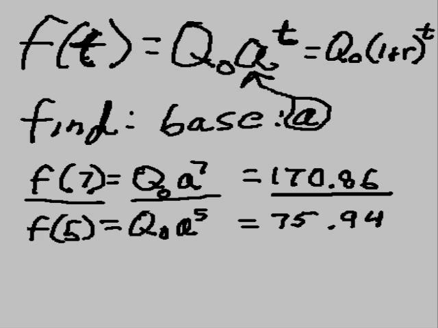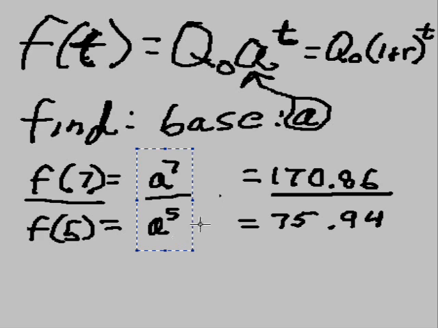Uh-oh, look what I see. Surprise, surprise, surprise. Same here. I can annihilate these guys. They're the same. 5 over 5 is 1, 3 over 3 is 1. 1 times something is whatever that something is. So now I've reduced this to this. Oh, I see something else.